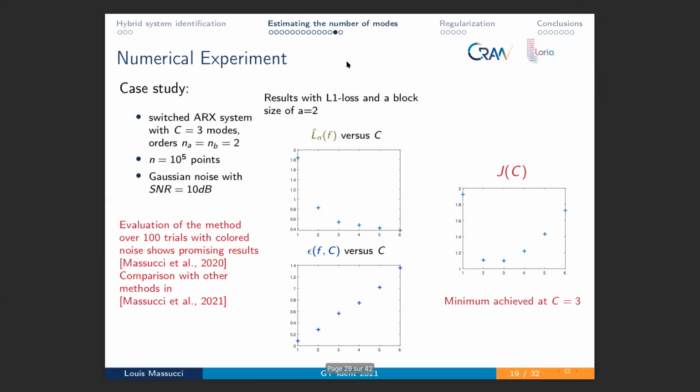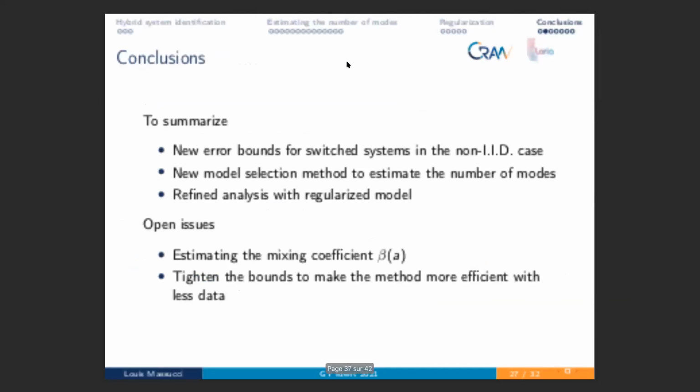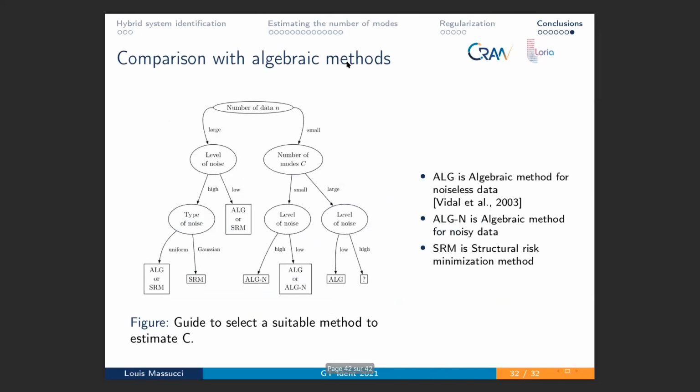Okay, well, thank you. Louis, sorry to interrupt you, but maybe you have the big scheme where you have compared several methods, and it can help the explanation. So yes, for example, for CCTA of this year, we compared our method to two algebraic methods. The algebraic method from Vidal and the other from Ozay. The one is in the noiseless case and the other in the noisy case.